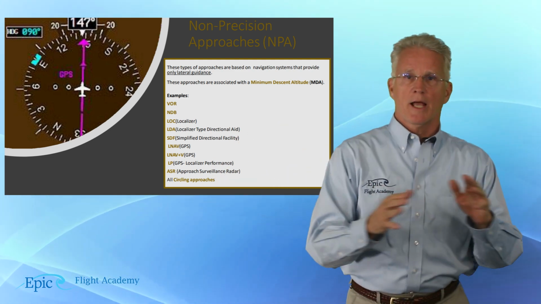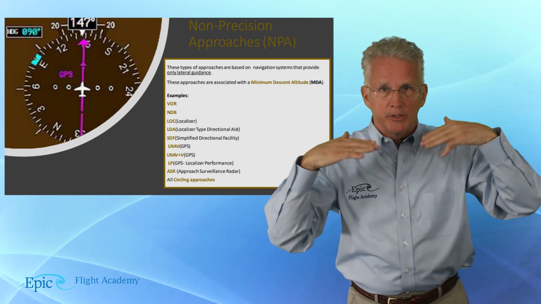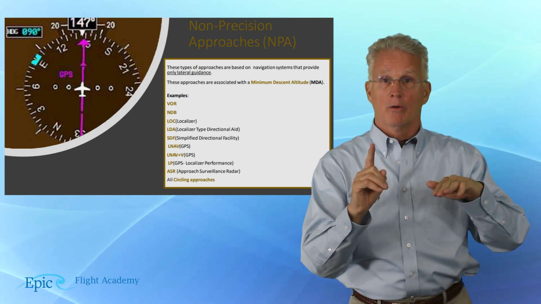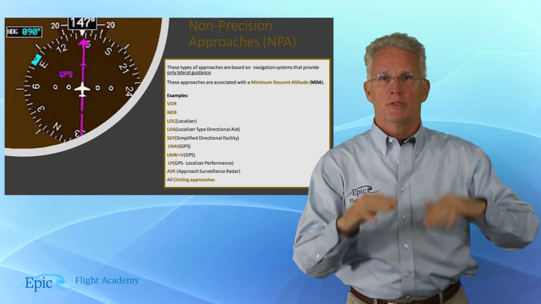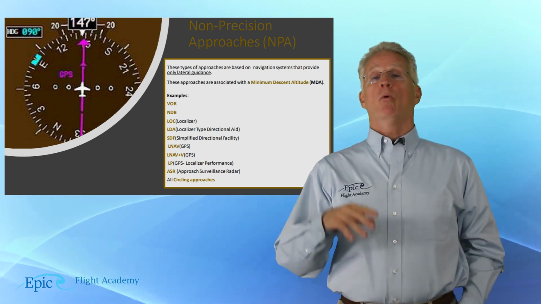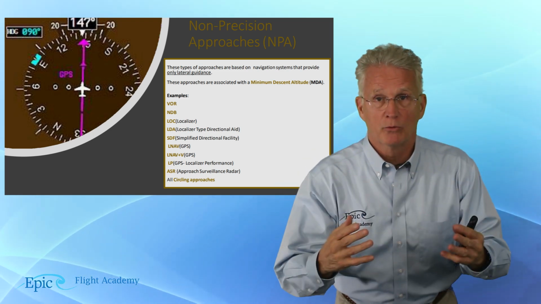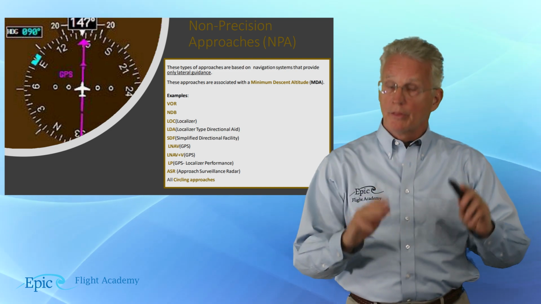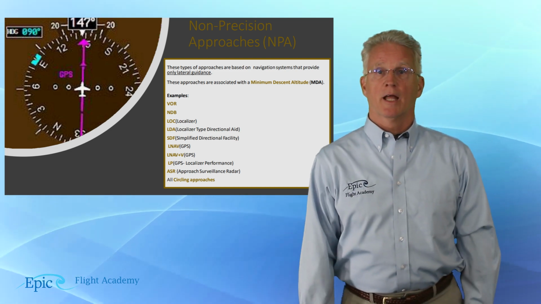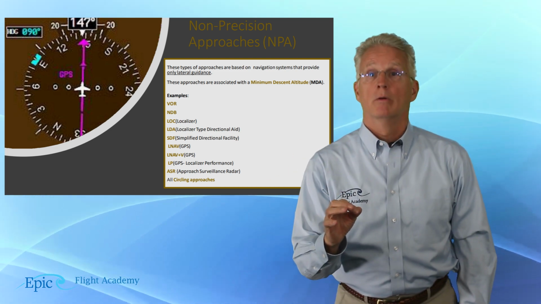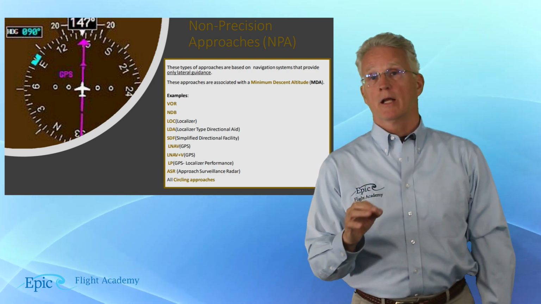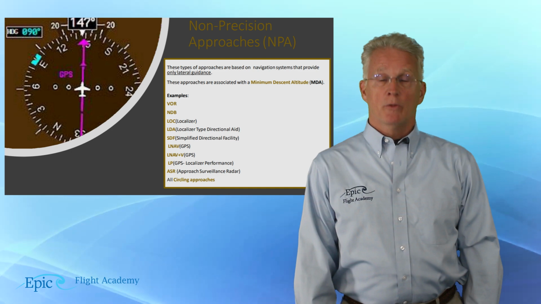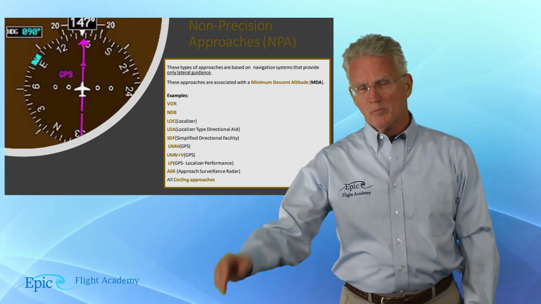The aircraft has lateral guidance and is allowed to descend down to, and not below, a minimum descent altitude, at which point you will continue to fly toward the airport and make contact with your runway of intended landing, or if you've made contact with the airport, then circle to the runway of intended landing.